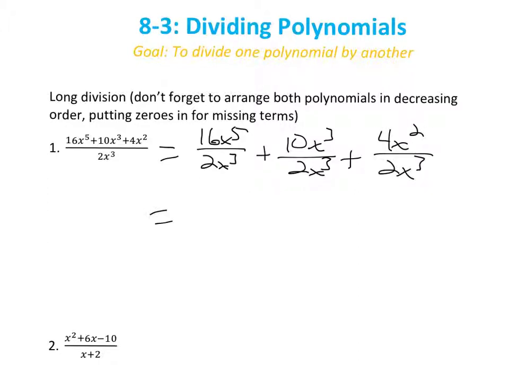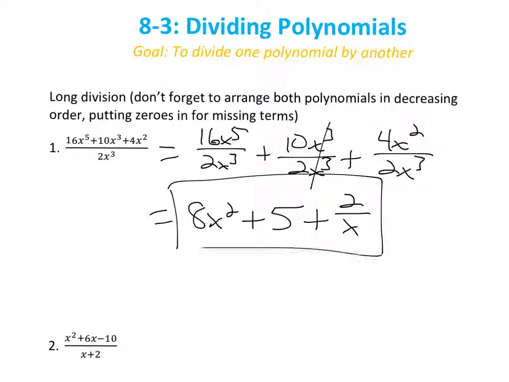Okay, now each of those we can work with, so this first one becomes 8x squared. The second one is 5, because these just cancel each other out, and the last one is 2 over x, or 2x to the negative 1 power.